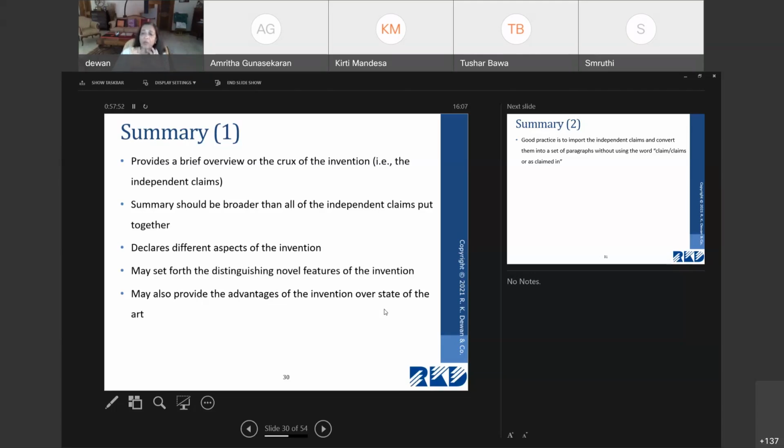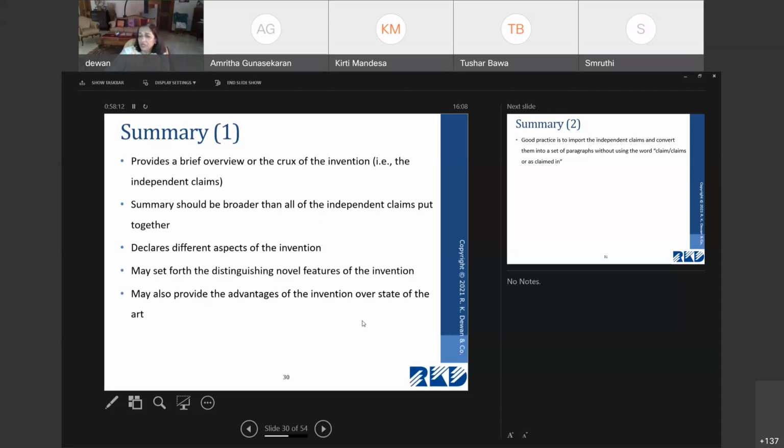You talk about the invention in a summarized way, setting forth the distinguishing novel features of the invention. And when you are giving different aspects, you are giving some embodiments also. And then you can also write about the advantages of the invention over the state of the art.